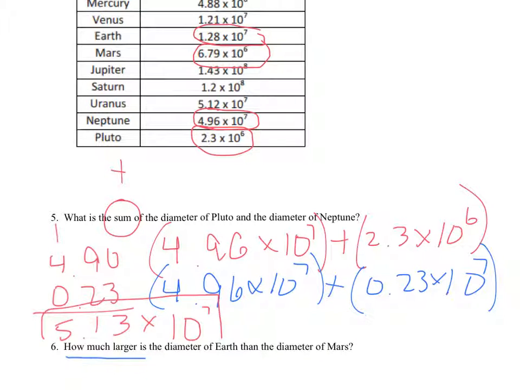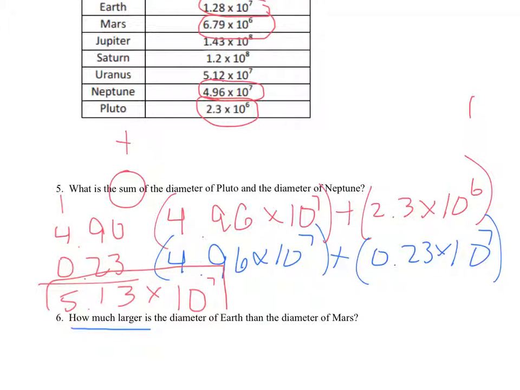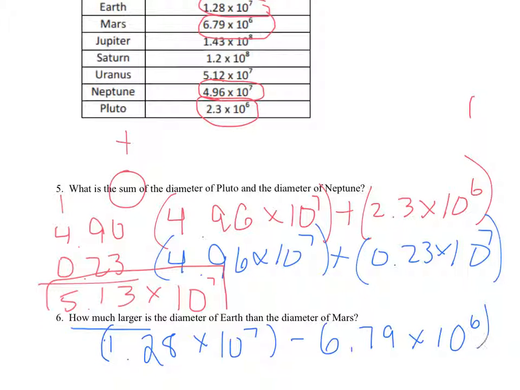Alright, and I can see already that the power of 10 are not the same. So let me rewrite these real quick. So let's see, 1.28 times 10 to the 7th minus 6.79 times 10 to the 6th.